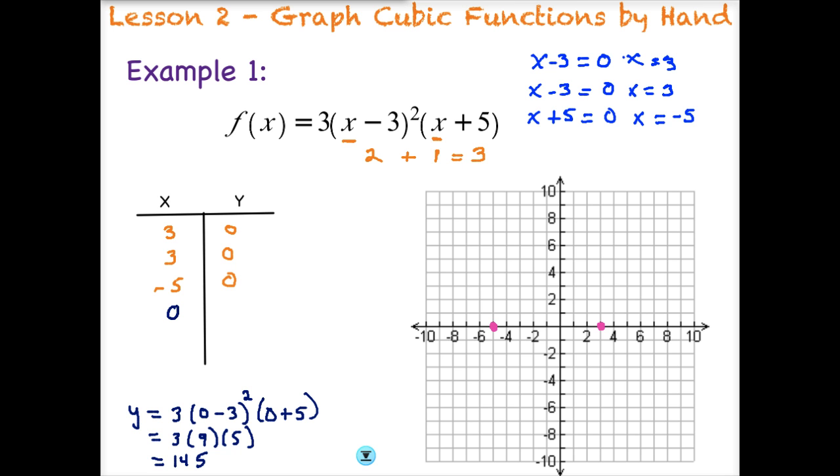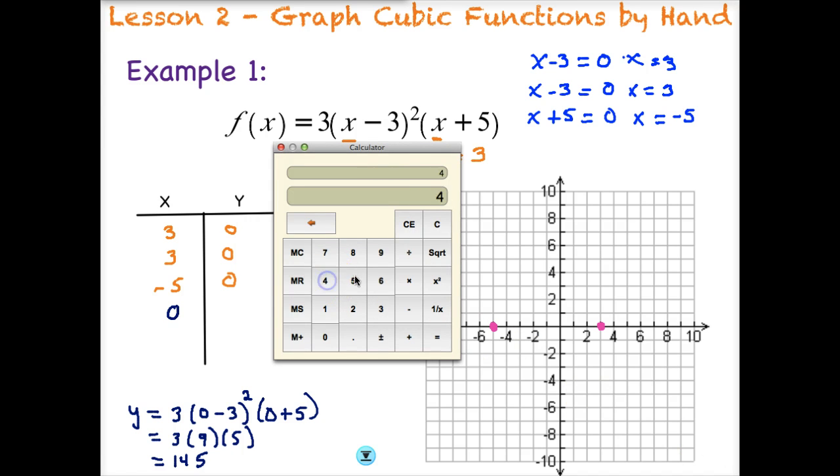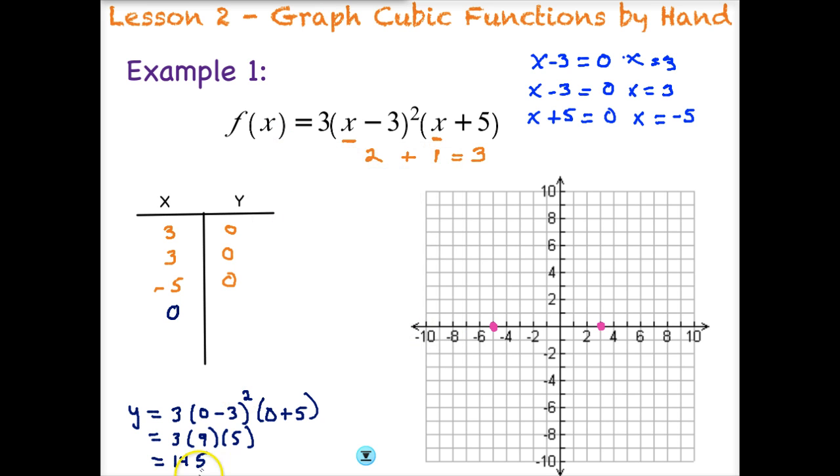But let's double check and make sure that we are correct. So 45 times 3 is 135. Not quite correct. Very close, just not quite. All right, so my y-intercept is going to be 135.